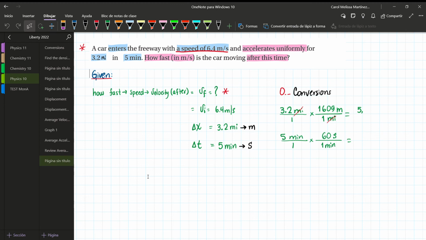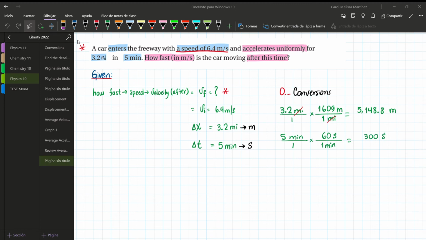I got 5,148.8 meters. Did you get the same as me? Yes. And about the minutes? 300. That is correct.